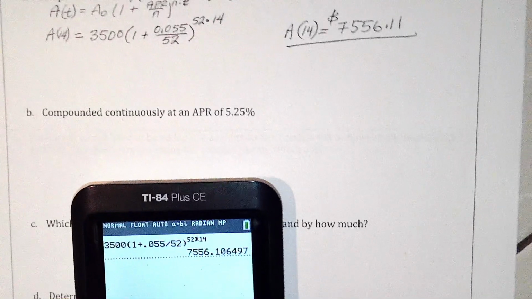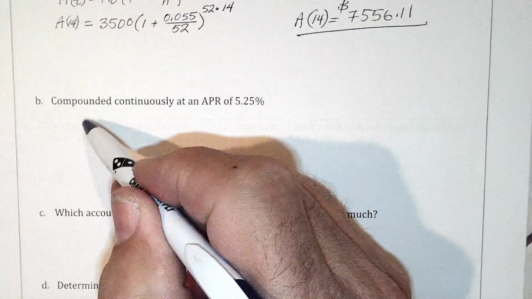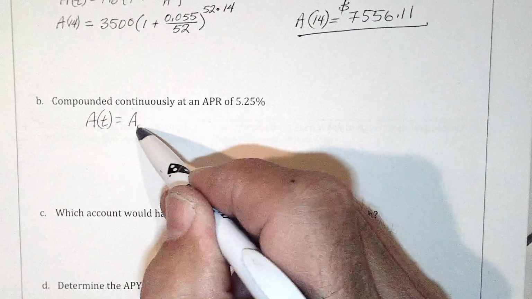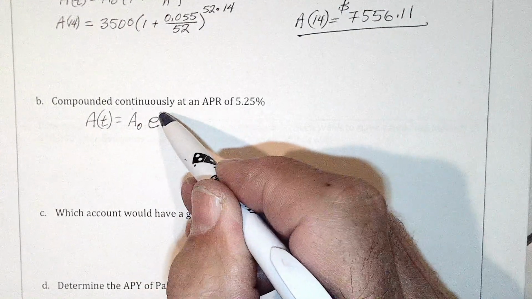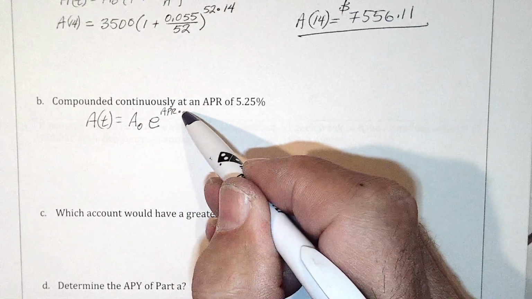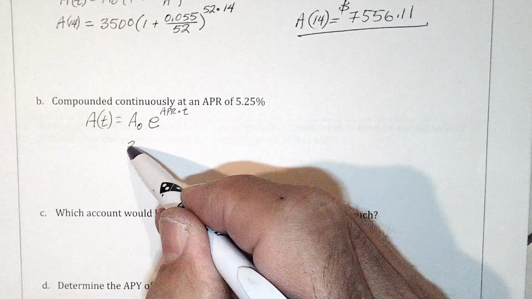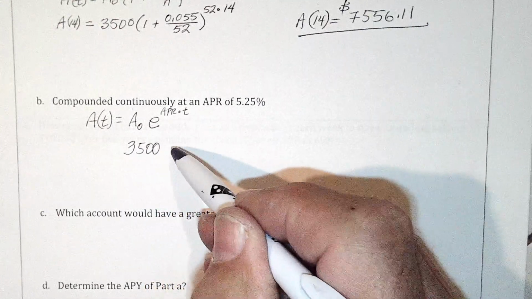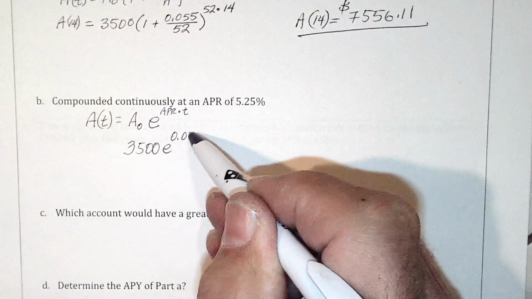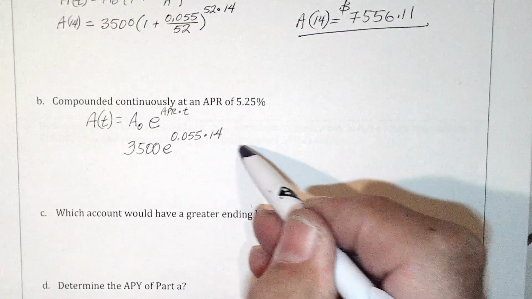What if it was compounded continuously at a little less? How does it compare? So for compounded continuously, the amount after some time is the starting amount, Euler's number e to the interest rate, again in decimal form, times the number of years. So the starting amount is still 3,500, e to the APR, 0.055 times 14 years.